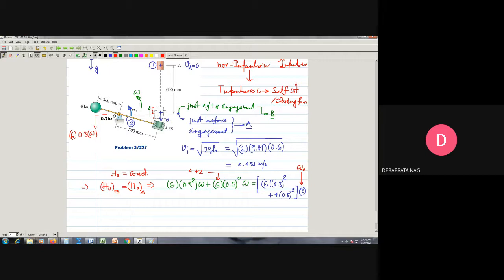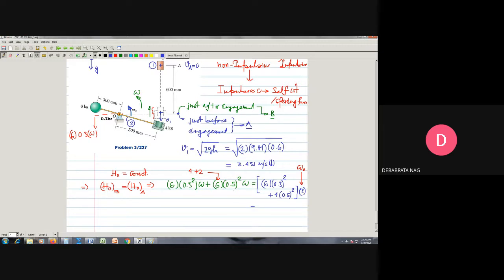And then this block is also part of the system immediately before engagement. So that velocity is in the downward direction. We have already calculated this velocity, and it is shown to be in the downward direction. So naturally the angular momentum of this plug just before engagement will be in the clockwise direction, and so we should be having this minus sign.